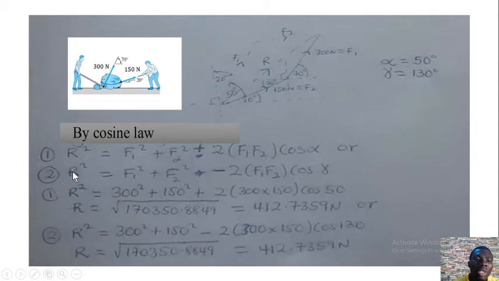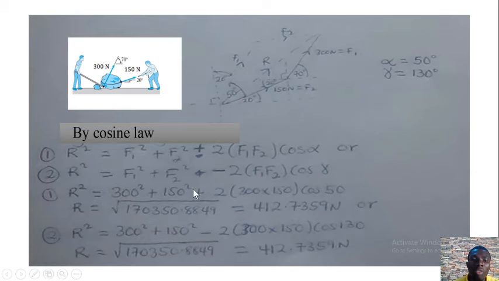Or you take it that R squared equals F1 squared plus F2 squared minus 2 times the product of F1, F2 cos gamma, and gamma is the angle between F2 and F1, that's the 150 Newton force and the 300 Newton force.